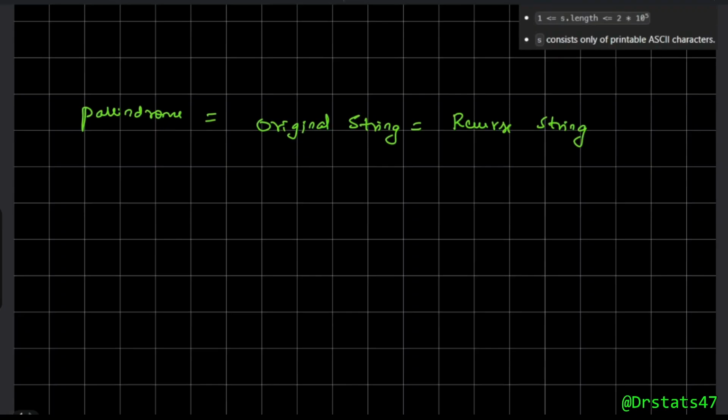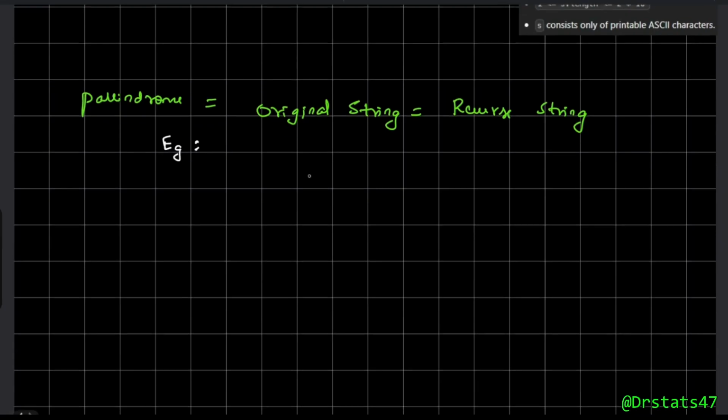We can take an example and understand. The example is madam. If you reverse this, we come back: m, a, d, a, and m.